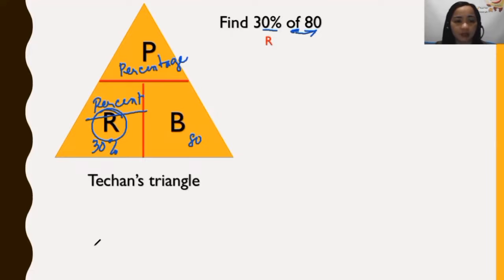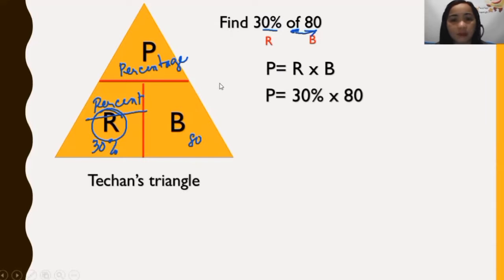So magkaiba siya. Now, again, 30% is our rate. 80 is our base. And we are looking for percentage, that is rate times base. So we have here 30% times 80. Now, what we need to do is to change 30% into decimal.